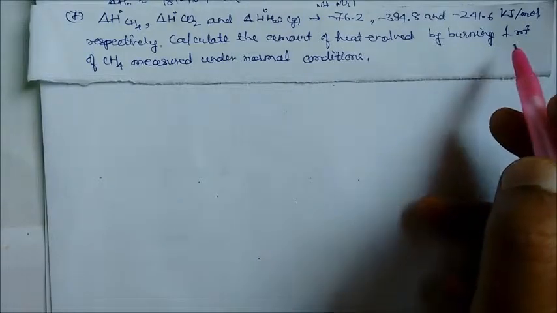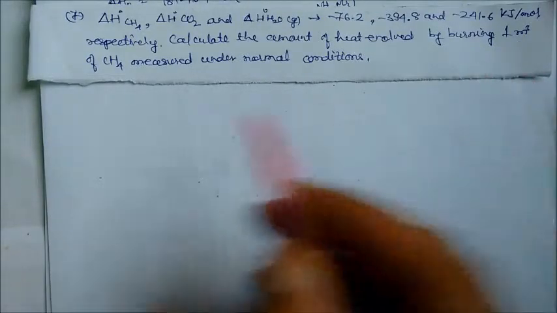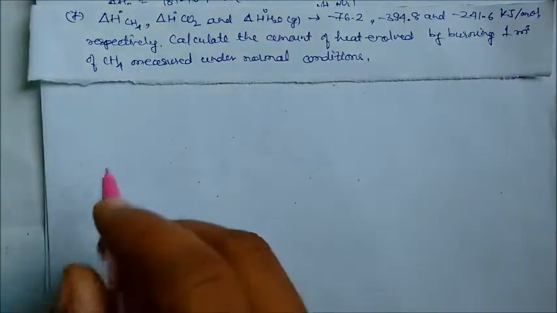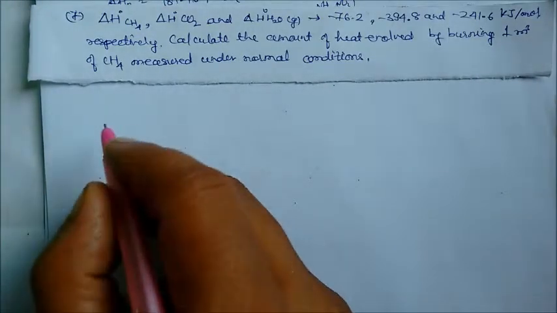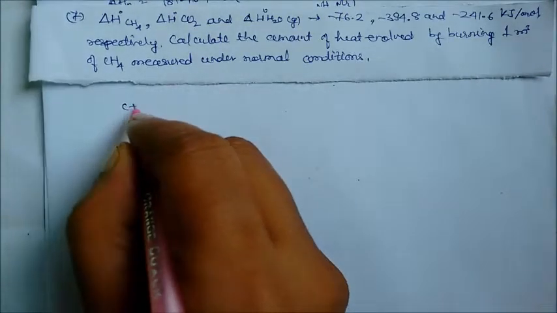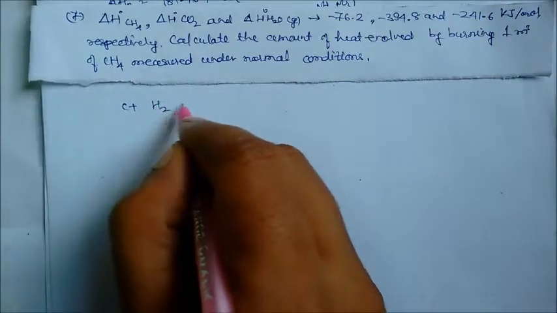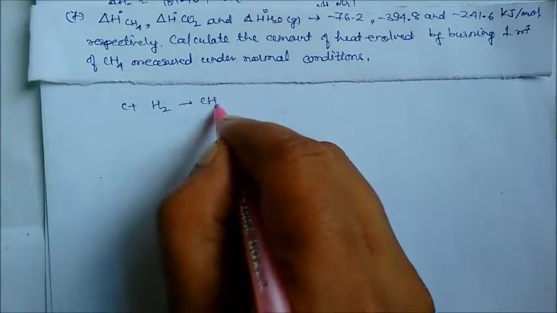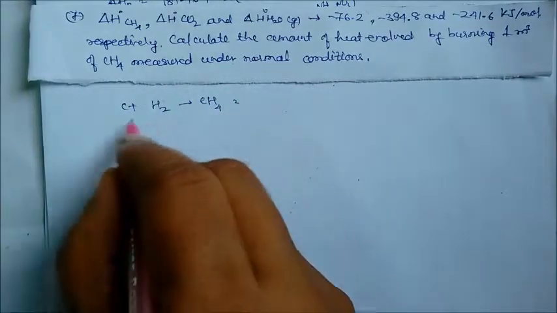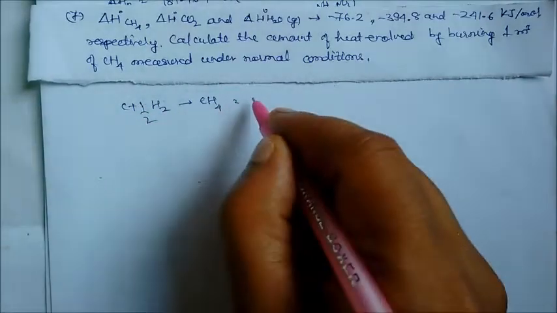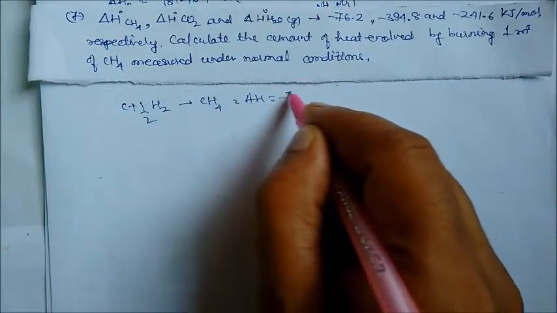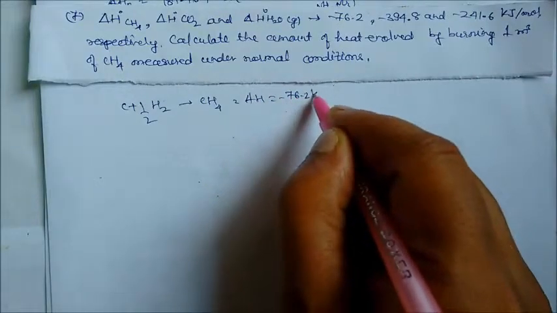To find for 1 meter cube, first we have to find out per mole how much heat methane gives. If you see here, carbon reacts with hydrogen, so it will give CH4. Here the heat of formation delta H is minus 76.2 kilojoule.